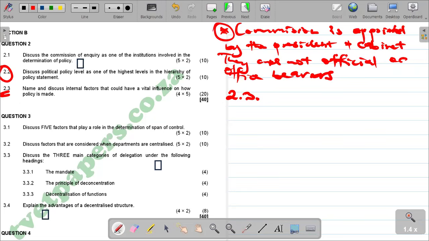What I want us to understand is that we want to look at conditions of establishment in terms of internal factors that could have a vital influence on how a policy is made.